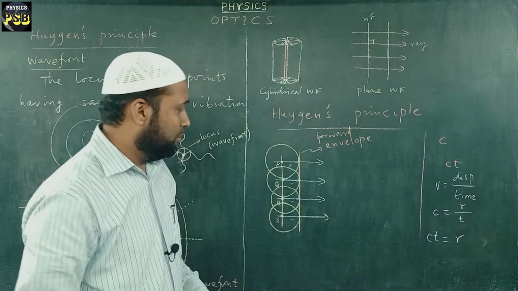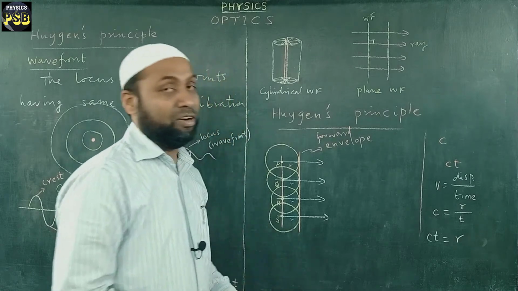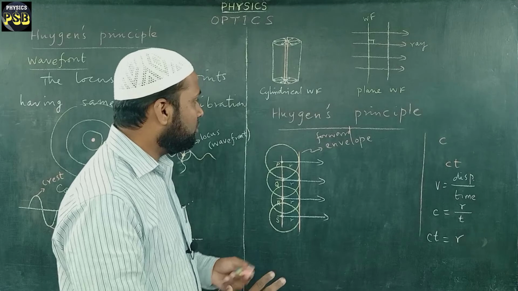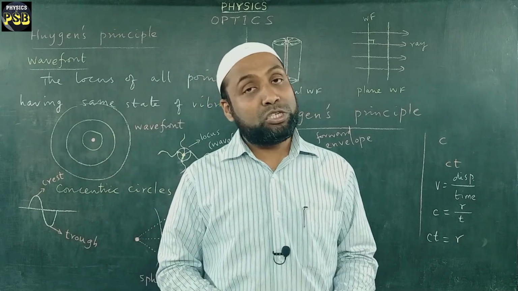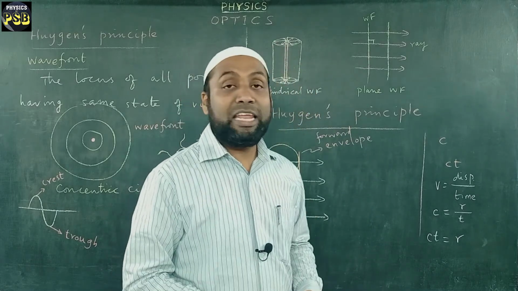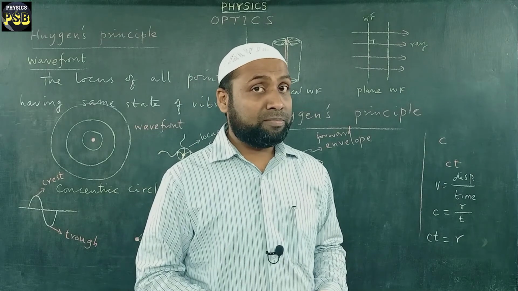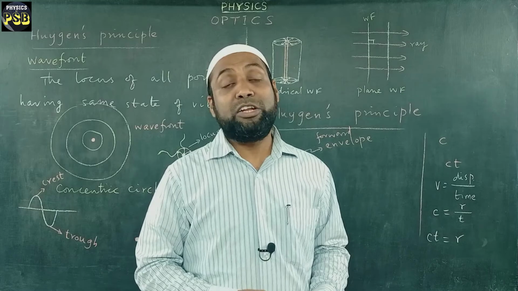This forward envelope provides us the new position of the wavefront at time t. I hope you have understood. This is how one can use Huygens principle to get the new position and the shape of the wavefront at any given time, if you know its location and shape initially.